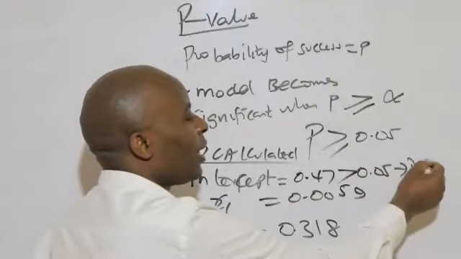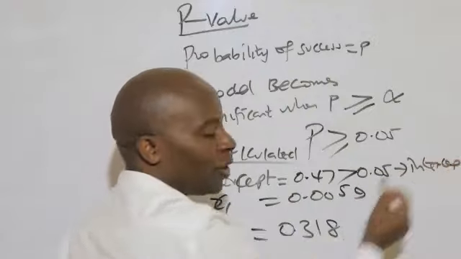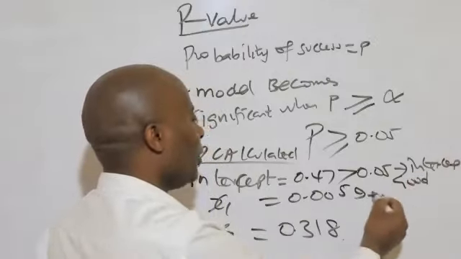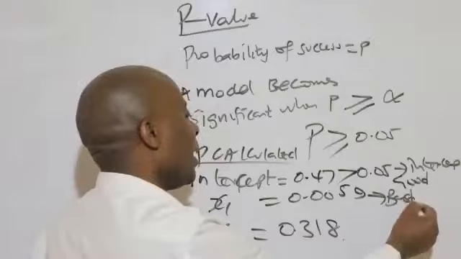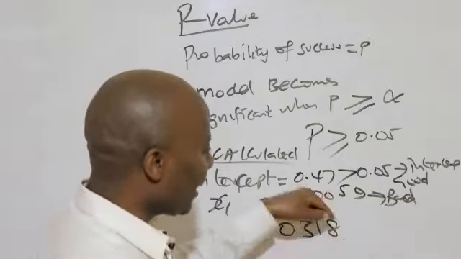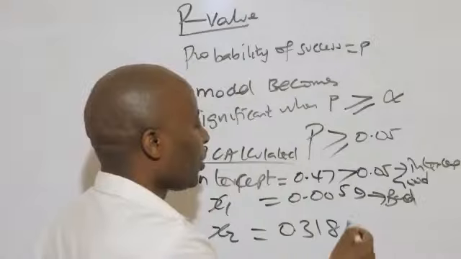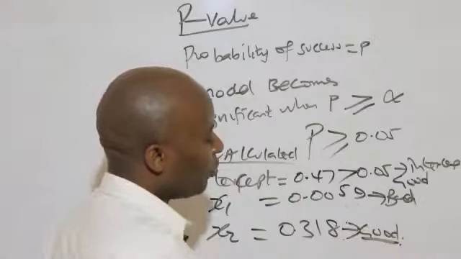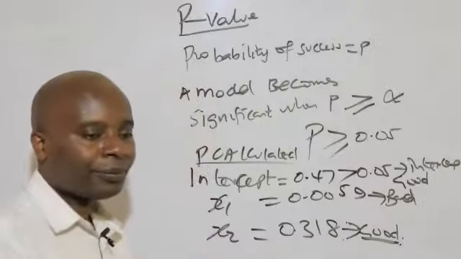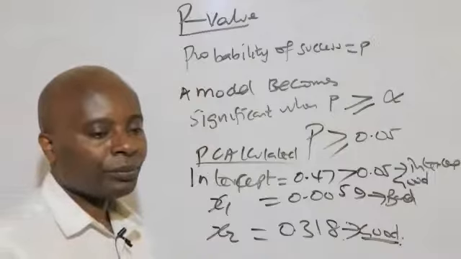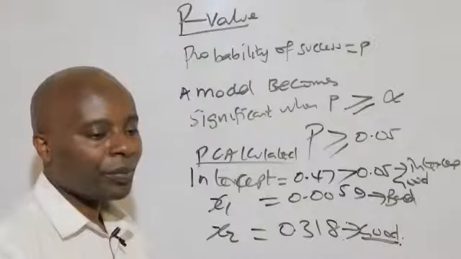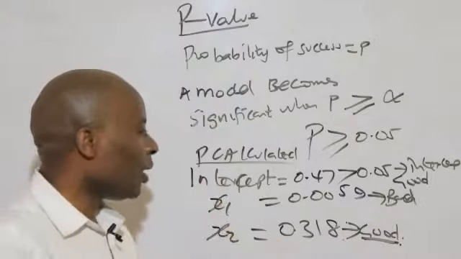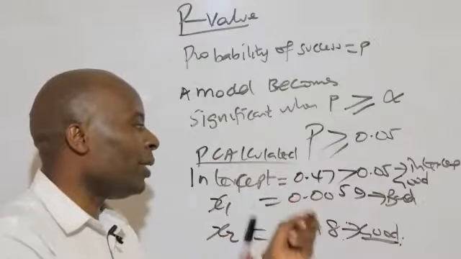So, intercept has passed the goodness test. So, intercept is good. How about this? This is bad, because you can see this figure is less than. This is good. That's part of the test of goodness. So in terms of the whole model, we have, of course, two of them being good.